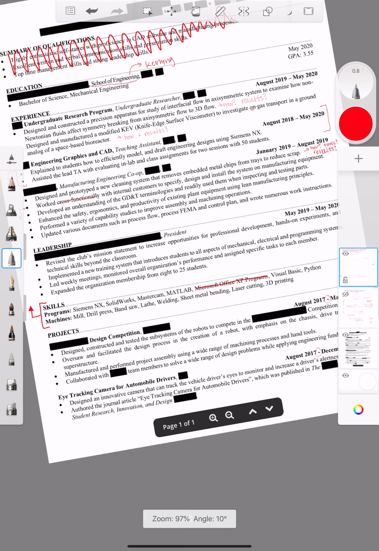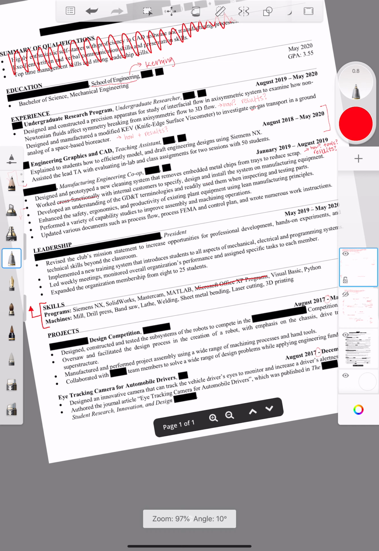And I don't know if they're trying to insinuate that they installed these cleaning systems themselves on the manufacturing equipment, or if they, I don't know, had the customers install the cleaning systems. I don't know. Basically, it's wishy-washy, and I think that it should definitely go lower. Let's move on to the next one.